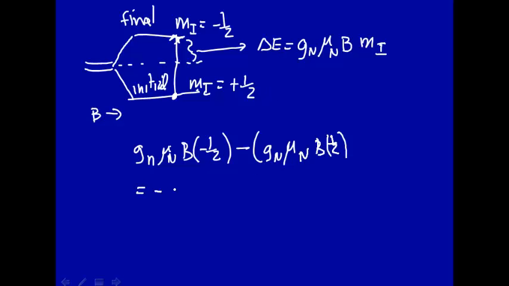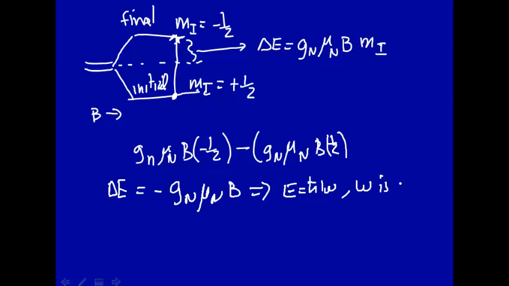This comes out to be negative g n mu n B. So for this scheme, delta E is negative, which implies, since E equals h bar omega, omega is negative.